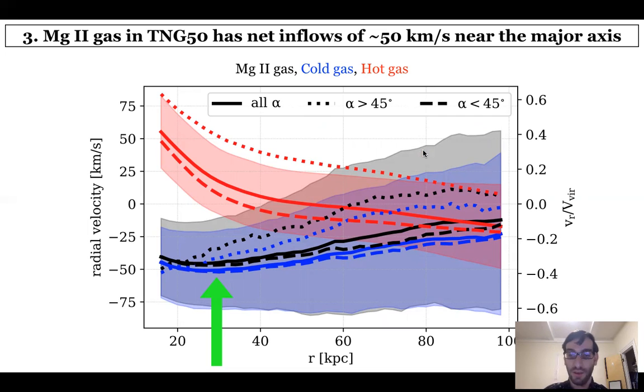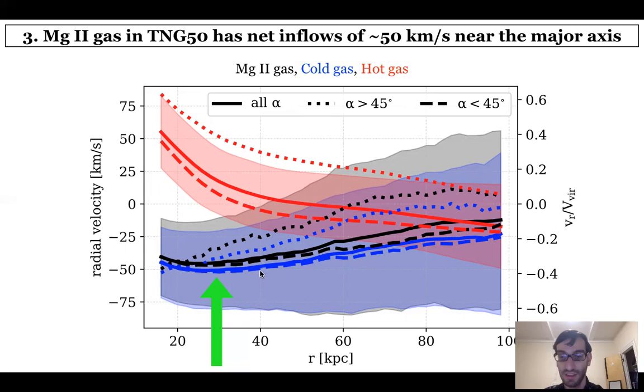So these are mean radial velocity profiles of magnesium-2 gas in black, and then cold and hot gas in the halo in blue and red, respectively. So if you focus just on the bottom left of the plot, where the arrow is, you can see that the magnesium-2 and cold gas in general both have net inflowing velocities of about 50 kilometers per second in the inner regions of the CGM out to about 40 kiloparsecs or so.